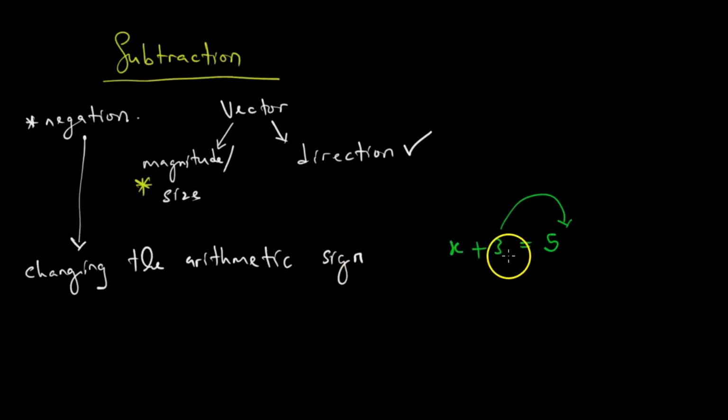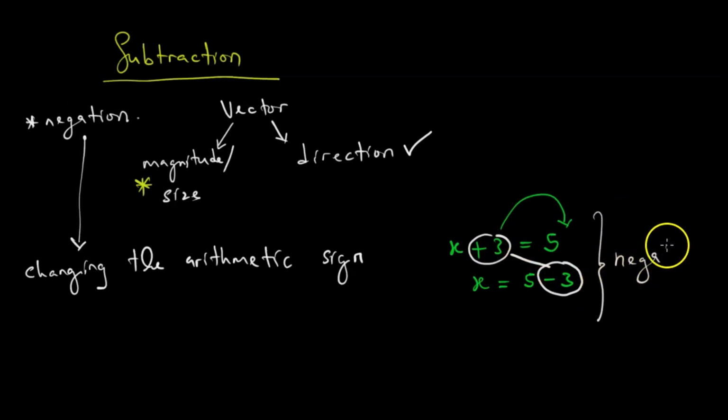Meaning what was plus 3 becomes x is equal to 5 minus 3. So the change that happened here is that we went from plus 3 to minus 3, but it happened because of jumping the equal sign. So here I have given a quick demonstration of negation. So negation is not new.